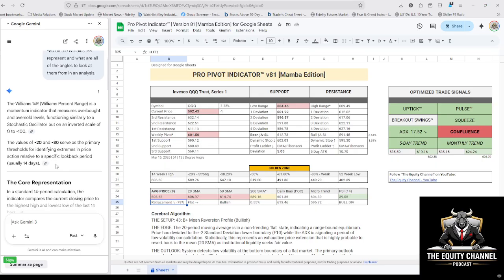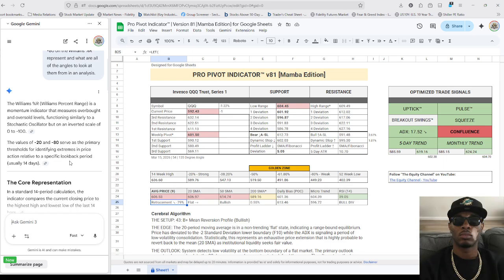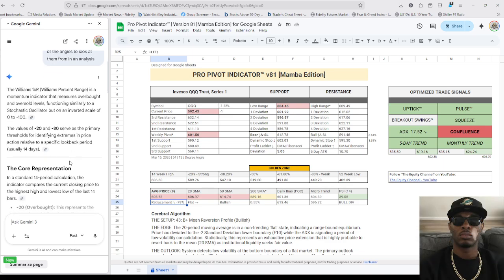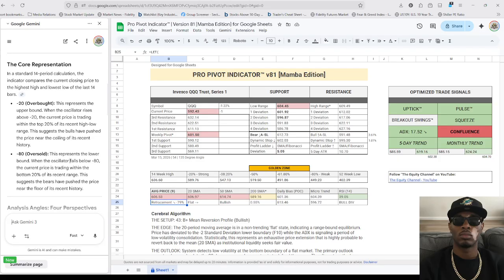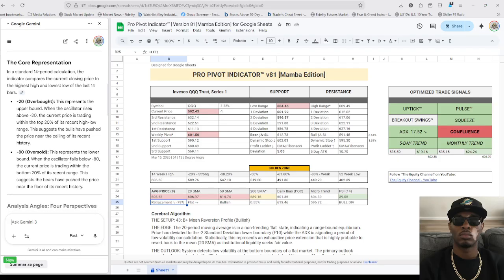The values of negative 20 and negative 80 serve as the primary thresholds for extremes in price action relative to a specific look back period, usually 14 days. In a standard 14 period calculation, the indicator compares the current closing price to the highest high and the lowest low of the last 14 bars.